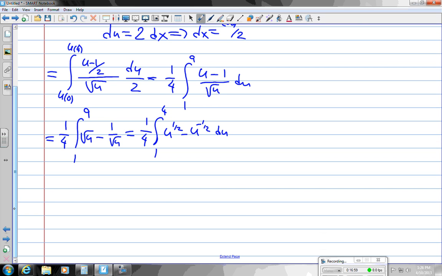And that's a simple antiderivative. So that's u to the 3/2 over 3/2 minus u to the 1/2 over 1/2, evaluated from 1 to 9. Now whatever that equals.